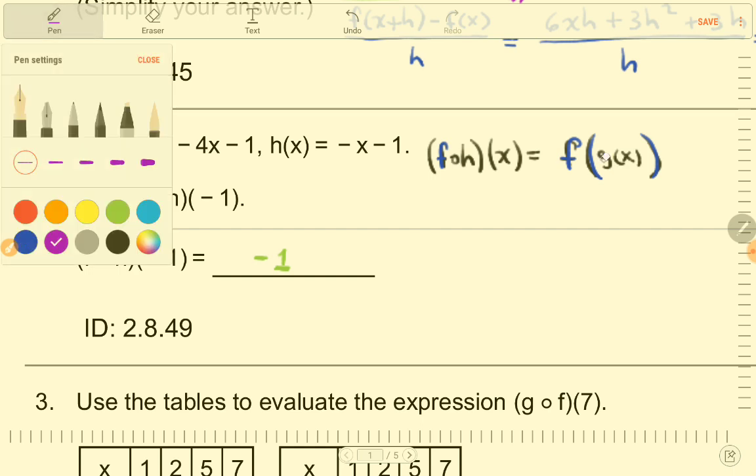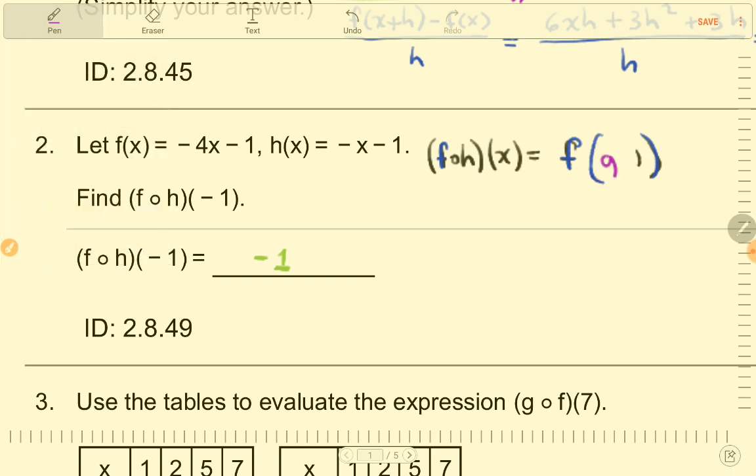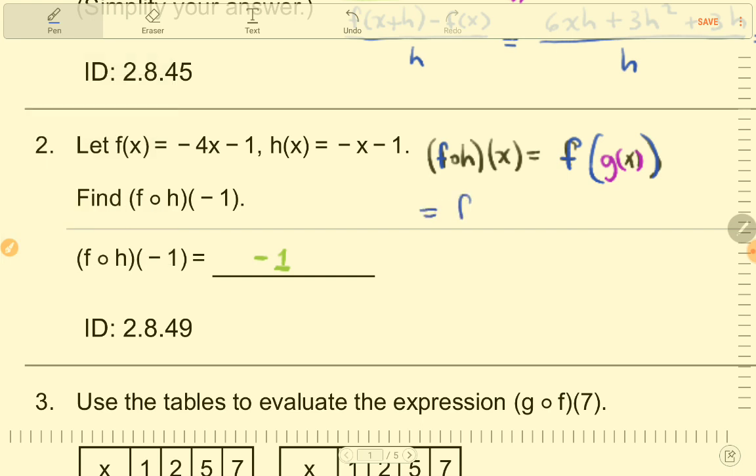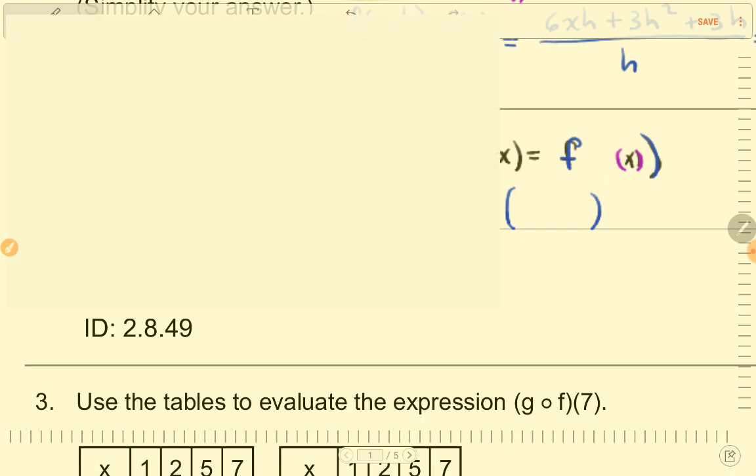Can't seem to stop defaulting to that. Alright, so I'm going to take my original f function and I'll be inputting h of x.